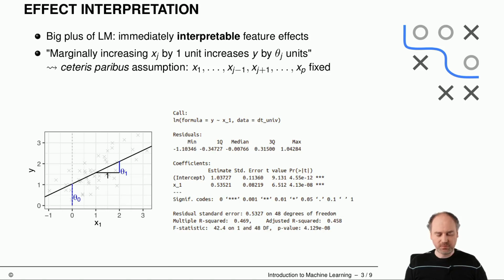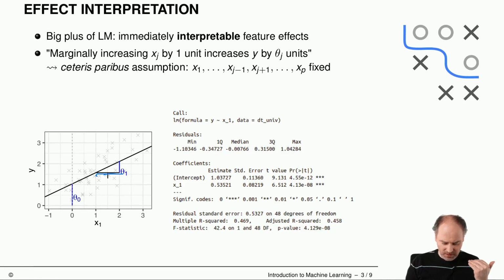If we increase, let's say, feature xj by 1 unit, so we have our feature x1 or xj and we go one step to the right-hand side, for example increasing age by 1 unit if age is an input, then the coefficient theta j tells us how this effect of 1 unit translates to the change in the predicted outcome, right?